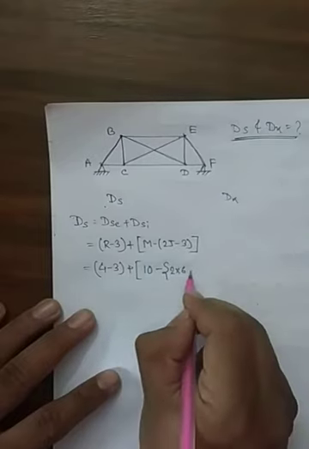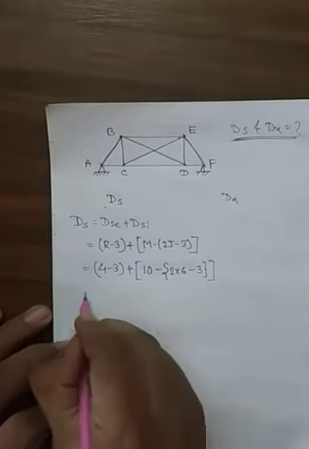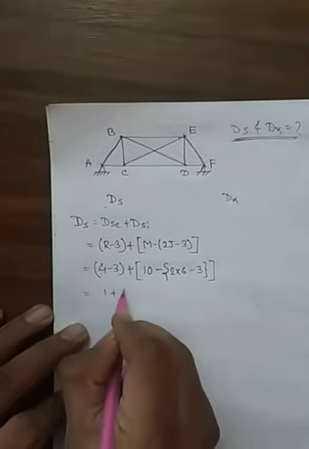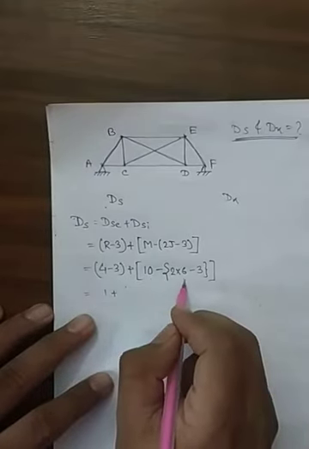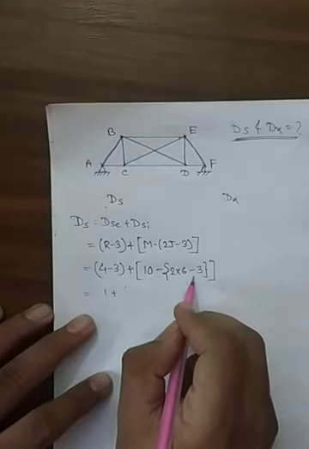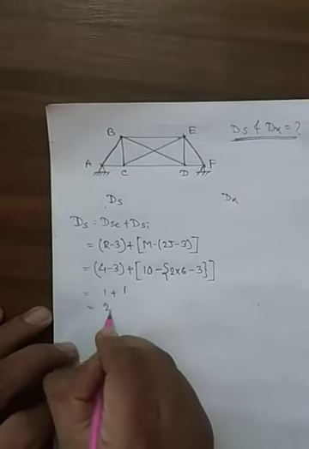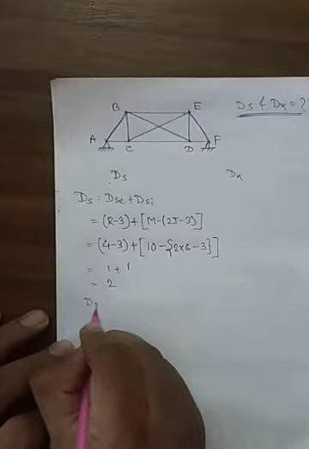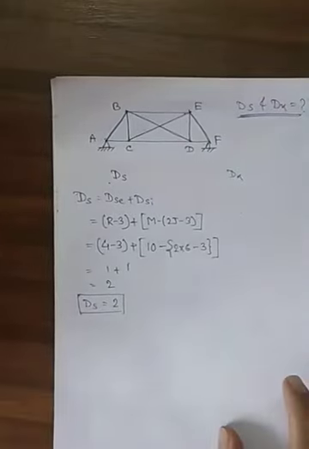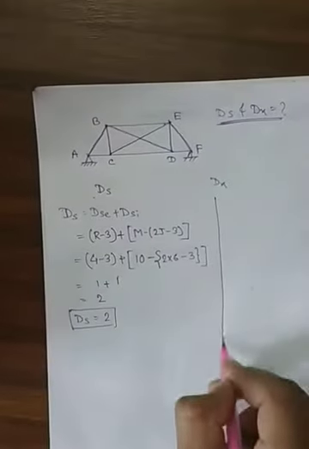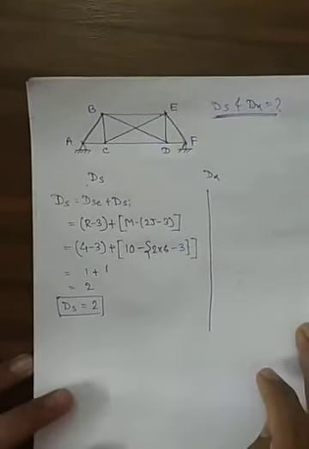Okay. Minus 3. So 4 minus 3 is 1 plus 10 is 11, 12 minus 3, 9. 10 minus 9, 1. So your DS is 2. Done. Your static indeterminacy is calculated.